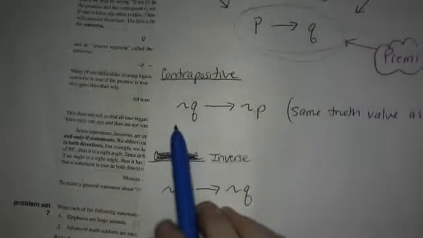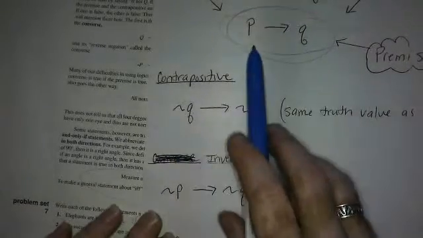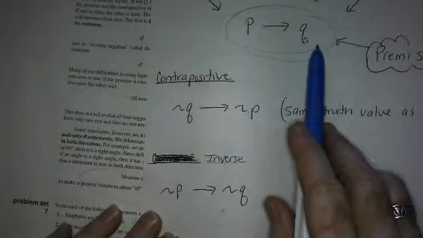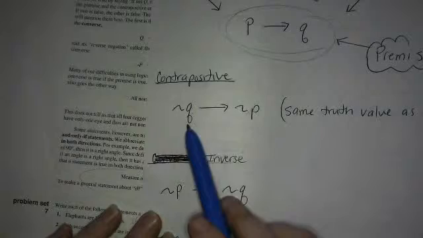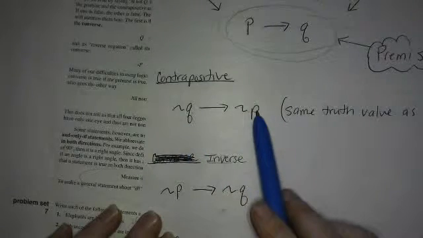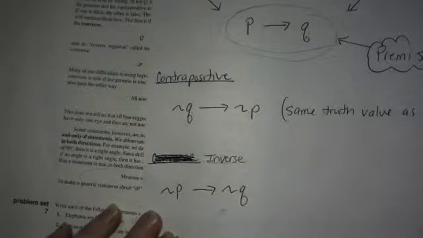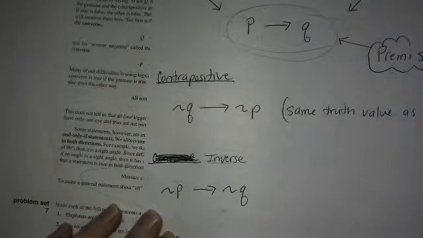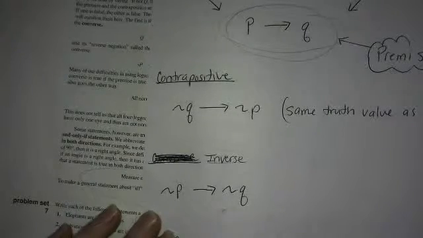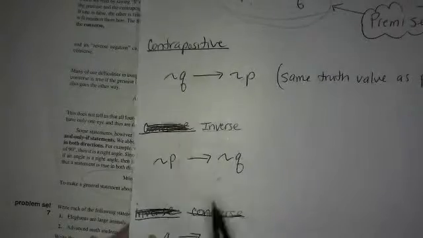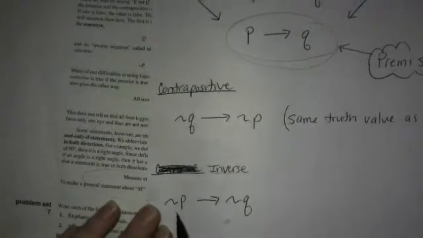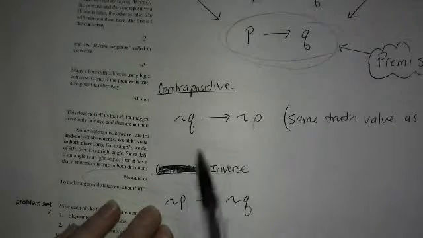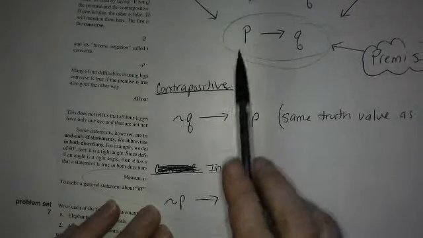If you have a contrapositive, remember we were saying if it's a rabbit, then it's a fast runner. I could say if it's not a fast runner, then it's not a rabbit. That would have the same truth value as the premise. These other ones don't necessarily have the same truth value. So with my rabbit example, the inverse would say if it's not a rabbit, then it's not a fast runner.